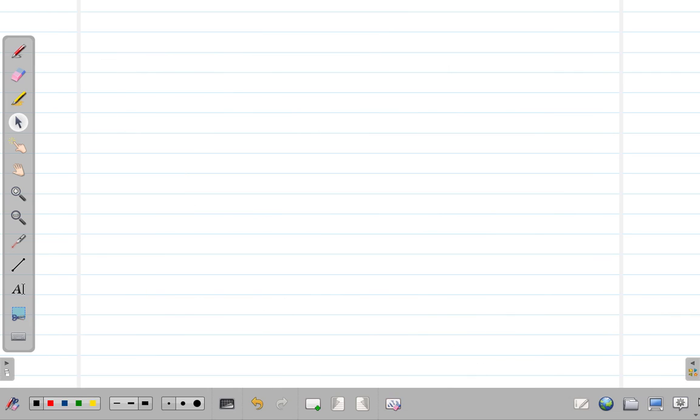Let's erase and paste back the heading. Okay, good. So in this case, we want the sum of the first n terms of an arithmetic progression.